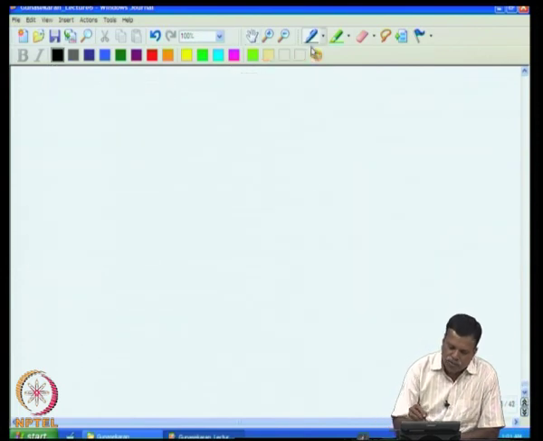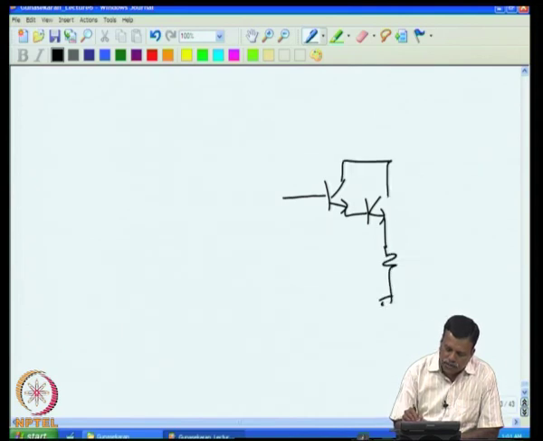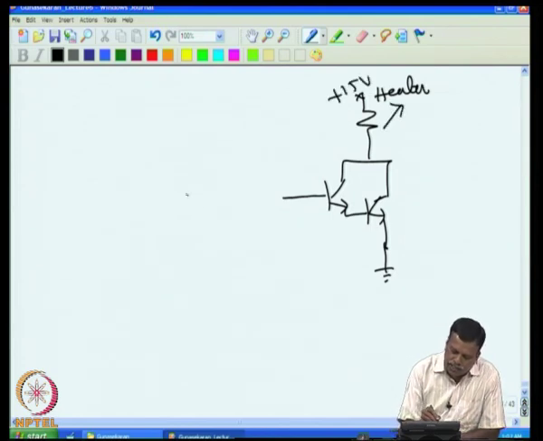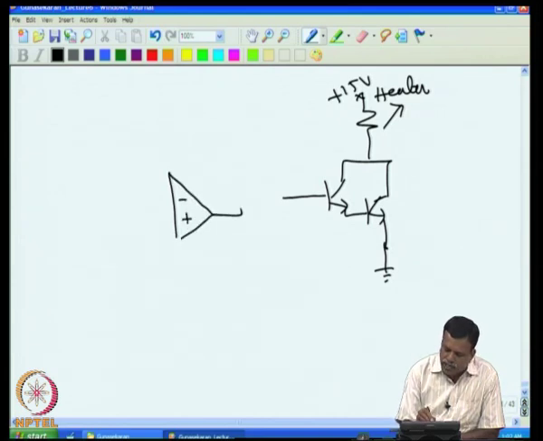For example, if the heater voltage is 100 volt and I connect the heater like this, I put a Darlington pair, connect this to ground, connect this one to ground, then connect the heater here, plus 15 volt, and this is the heater, and this is our output driver, and the output of that is given to this, of course with the series resistance.